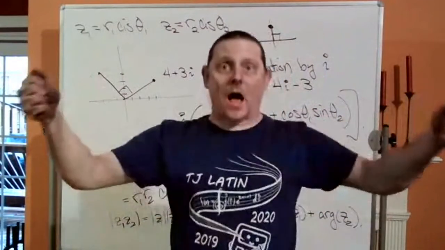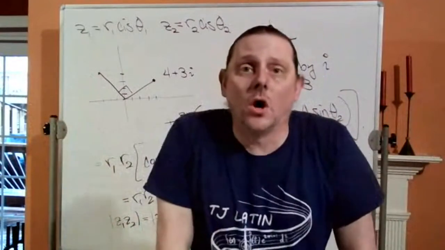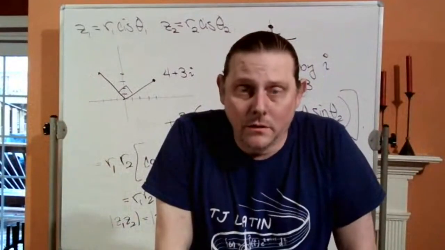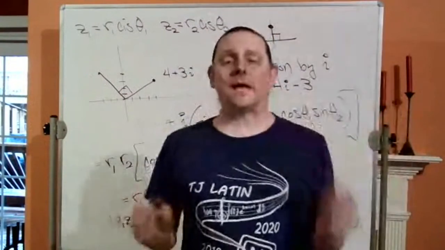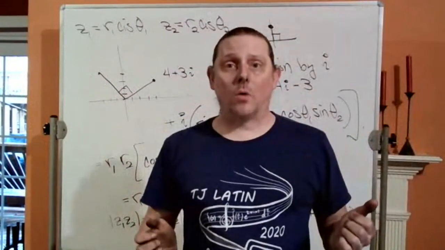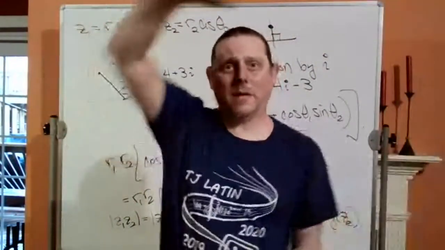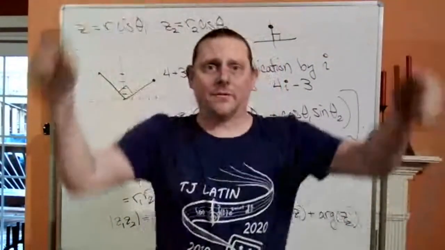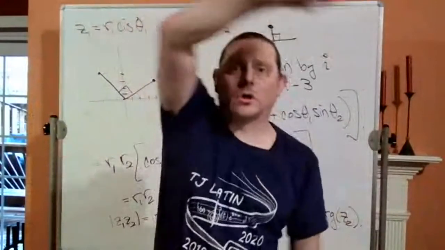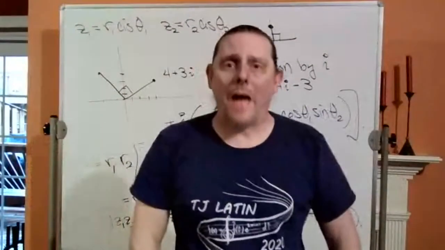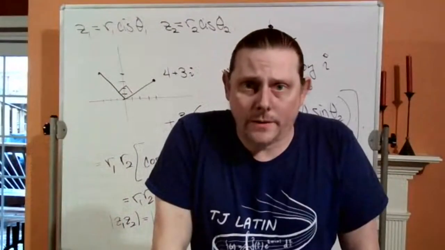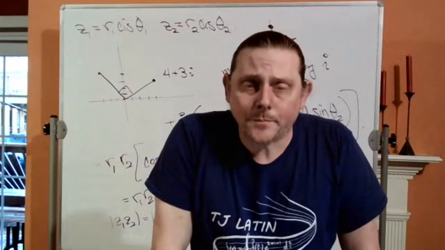So it stretches it out in a process that we call dilation, and then it rotates it counterclockwise. I keep doing counterclockwise like that, but that's counterclockwise to me. Counterclockwise to you is like that. Counterclockwise about the origin. Okay?